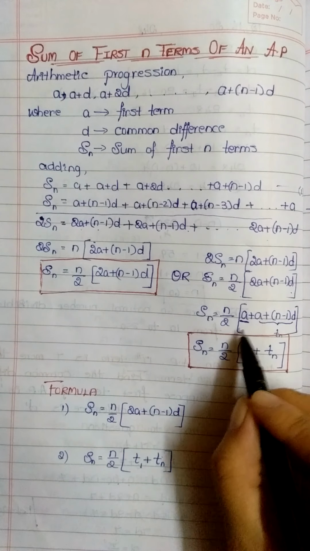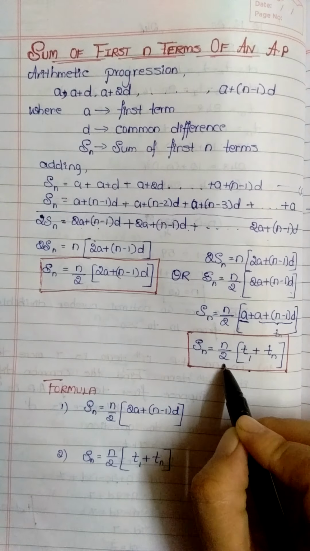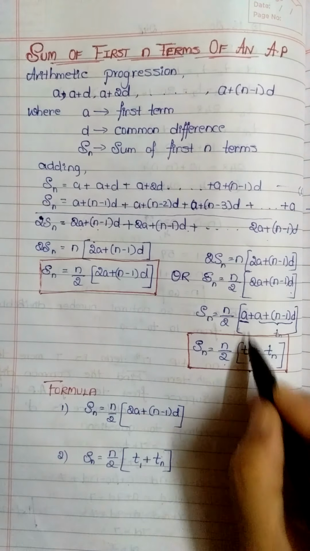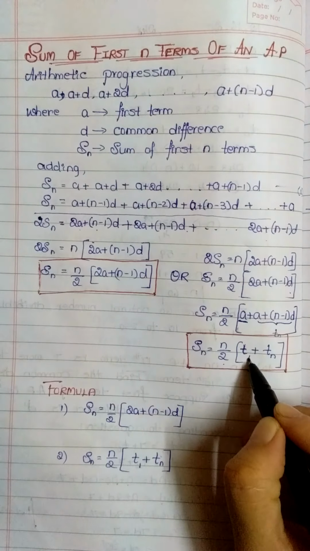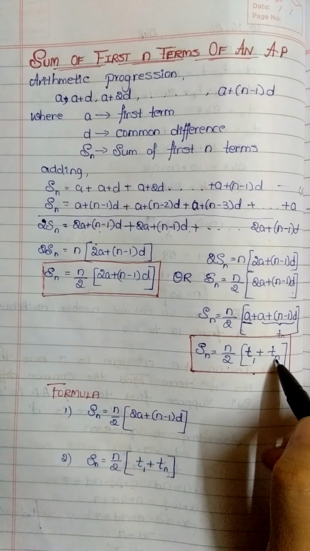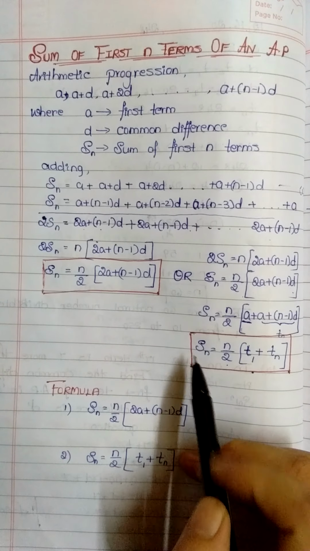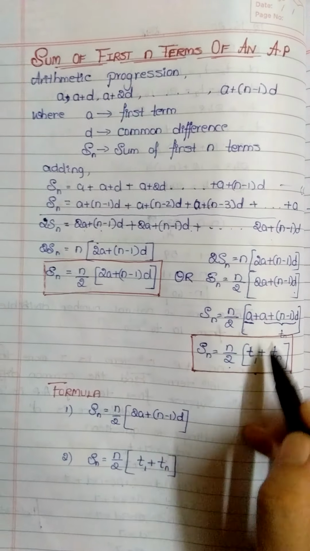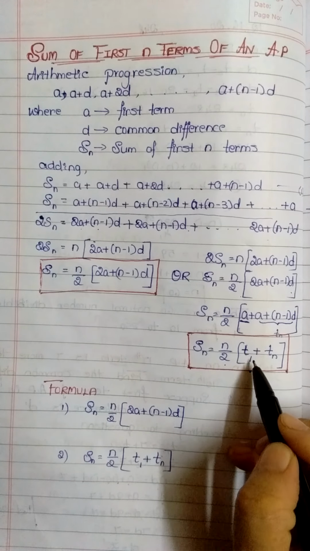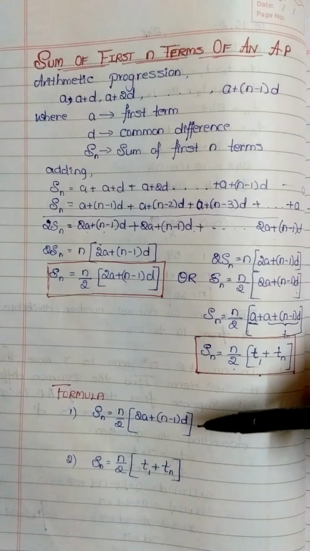So we can write Sn is equal to n by 2, and in place of a we write t1, and in place of a plus n minus 1 into d, that is tn. So this is another formula for the same sum of first n terms, that is n by 2 into t1 plus tn.